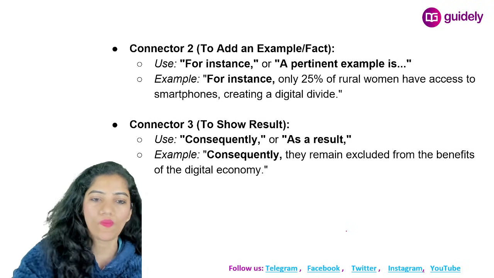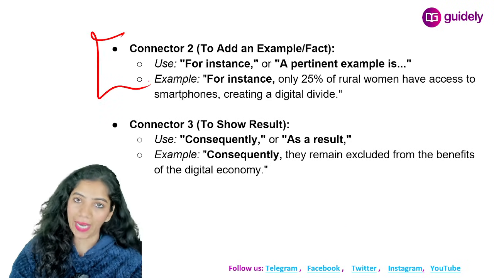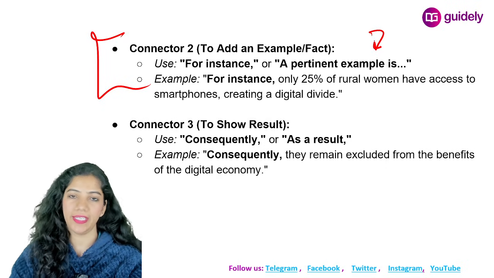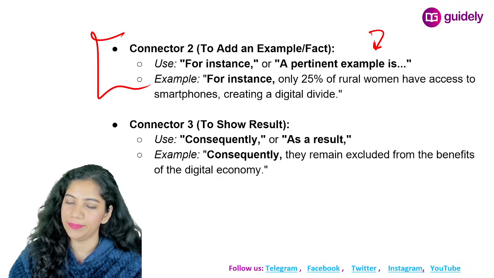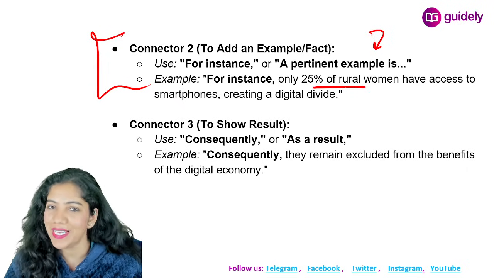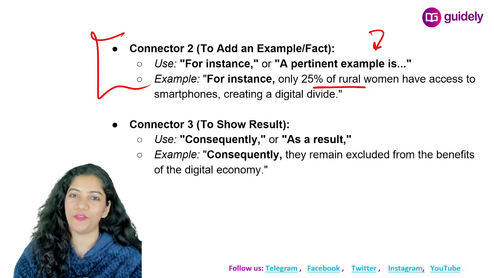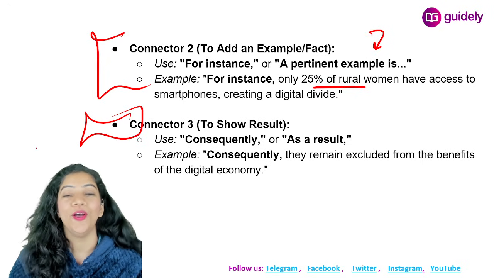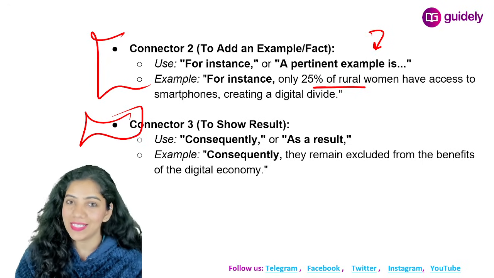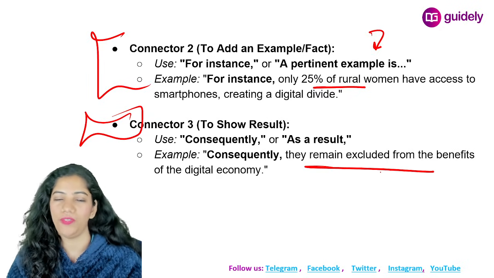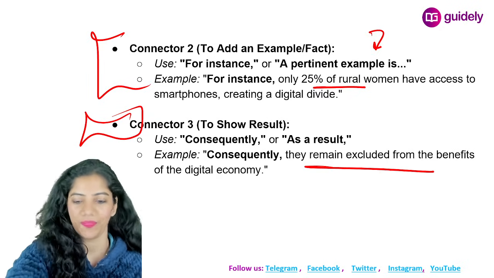Okay. Connector number two, to add an example. For instance, a pertinent example is, for example, only 25% of rural women. So, for instance, only 25% of Indian women. Connector number three, to show result. Consequently, as a result, they remain excluded from the benefits of the digital economy.